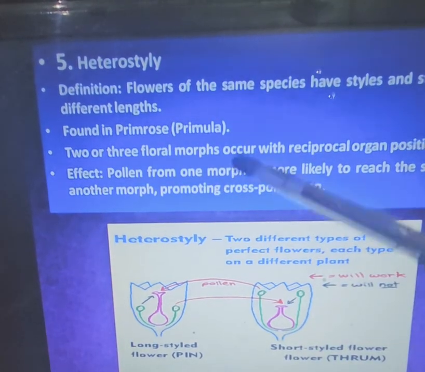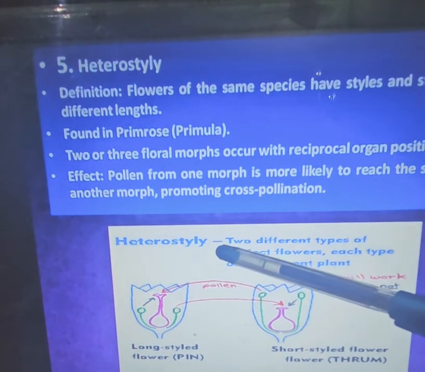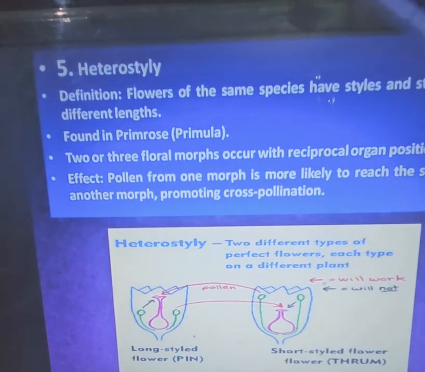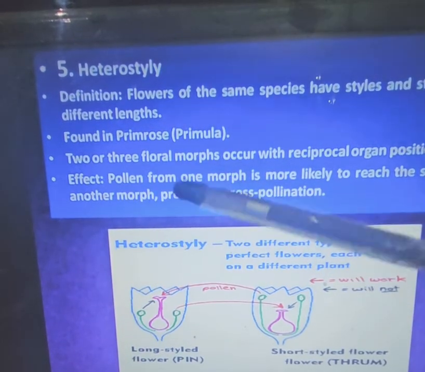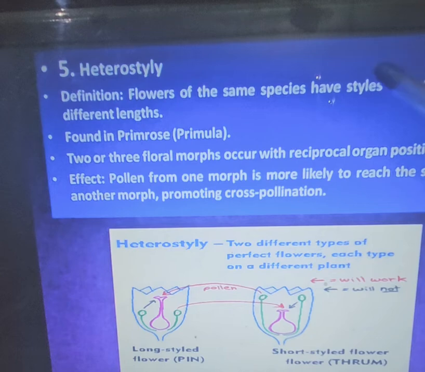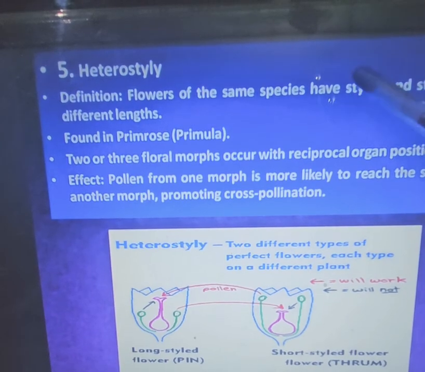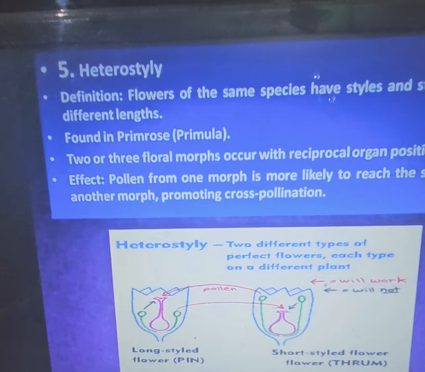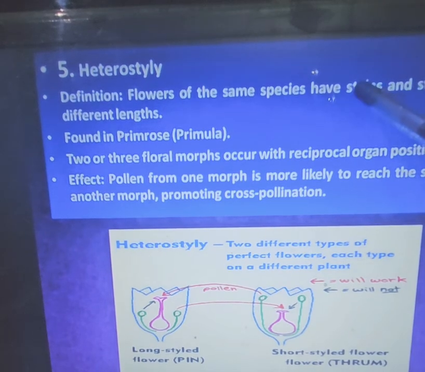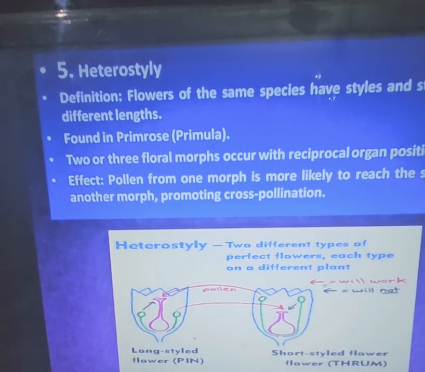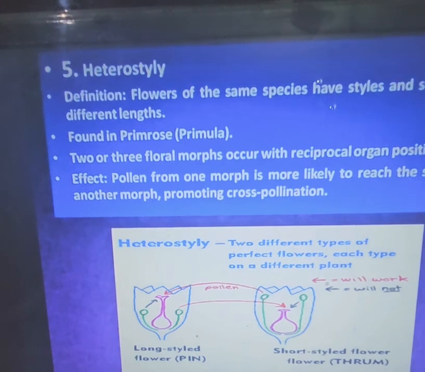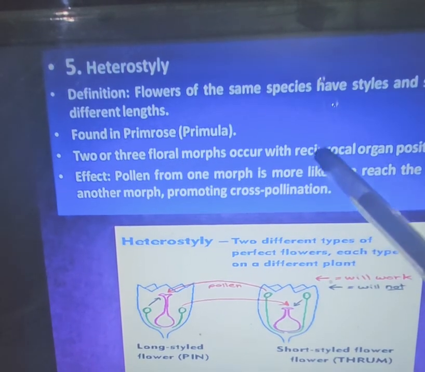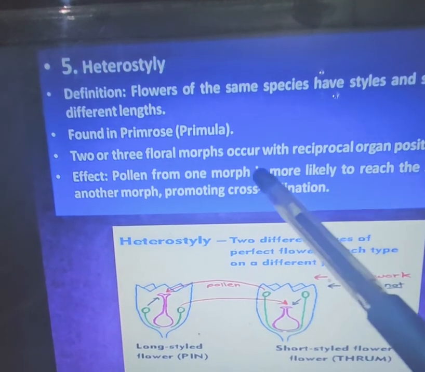They have both pistil or carpel and stamen present, but the stamens and the style of the carpel are at different lengths. That is why these stamens are not able to fertilize these stigmas, which ensures that no self pollination will occur. Cross pollination will occur.